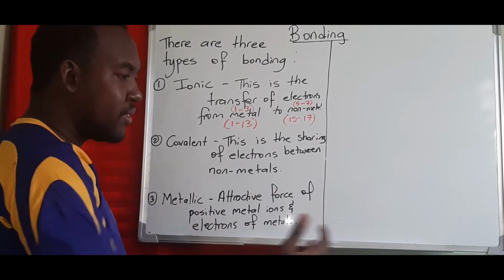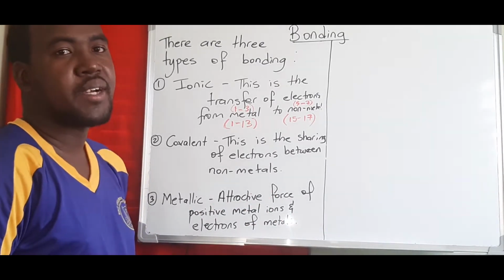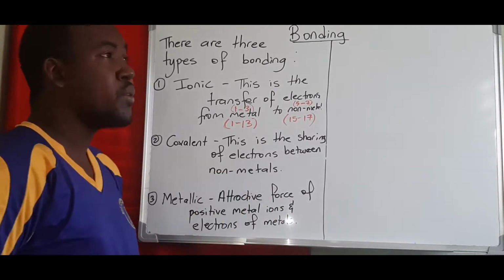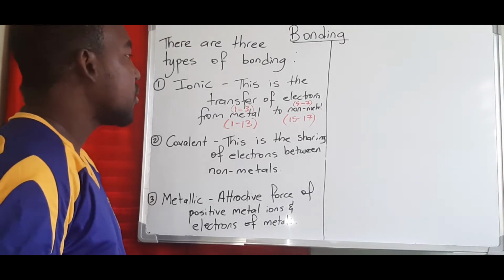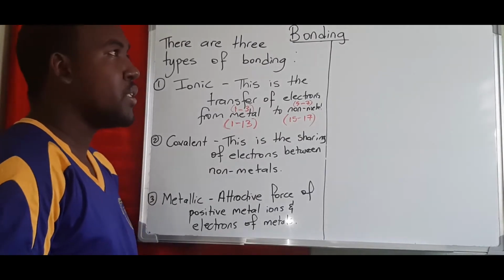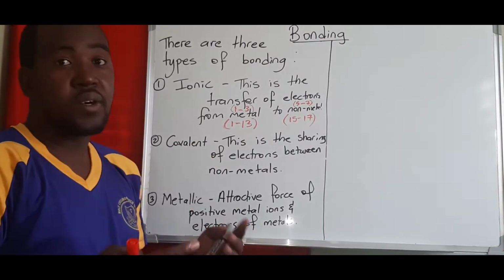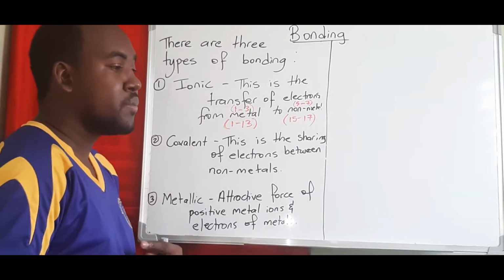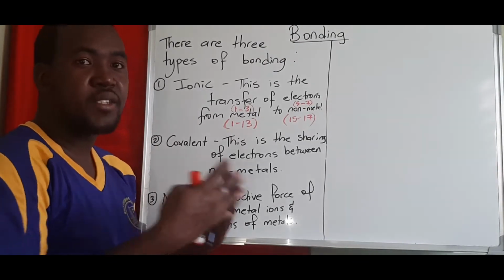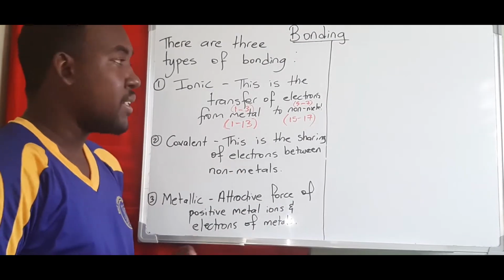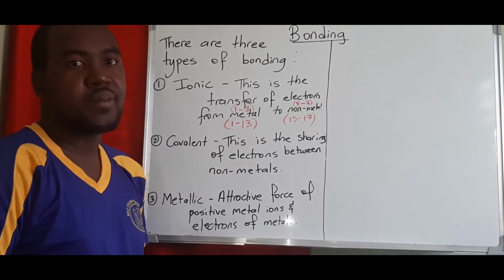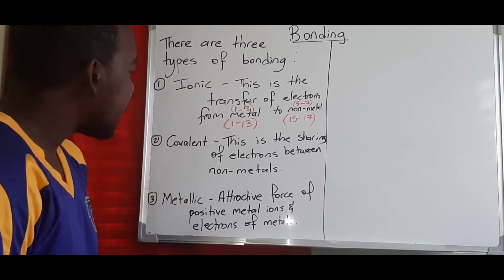They don't need to lose or gain electrons. They already have a full, stable structure. Bonding involves atoms that are unstable, meaning they need to fill up to get 8 electrons on their outer shell.